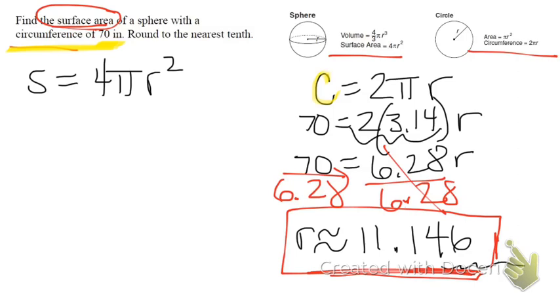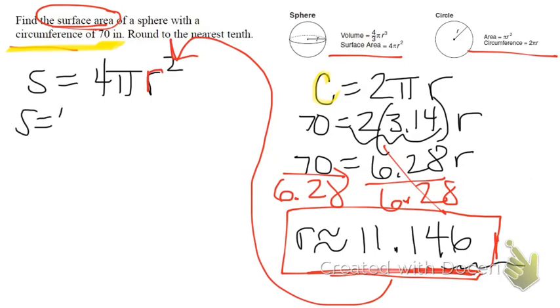All right, so now that I know the radius, the real question is what is the surface area? So now I have to take that radius and plug it in way up here for this r right here. So the surface area, which was the question, will be 4 times pi times the radius squared.